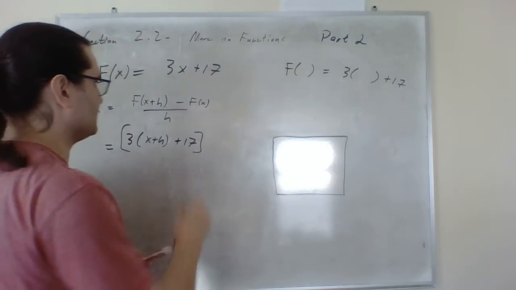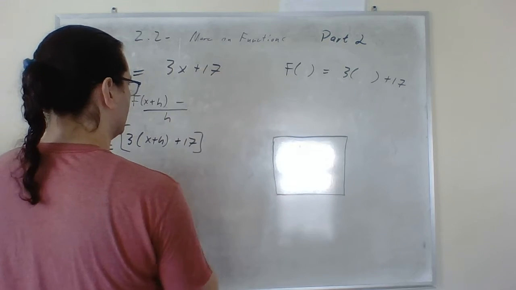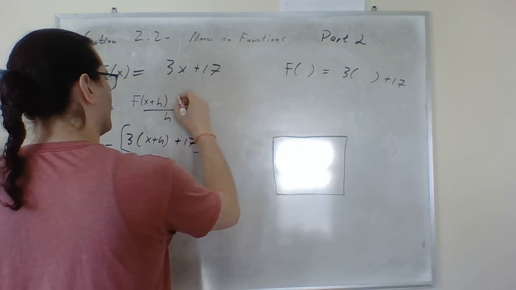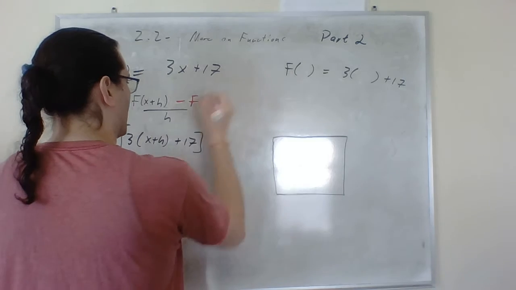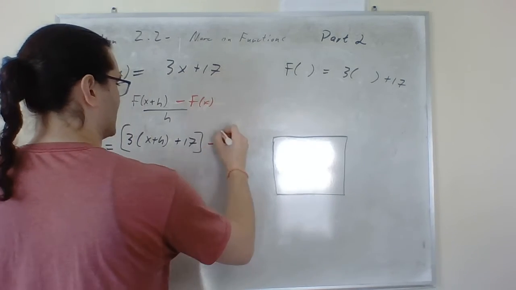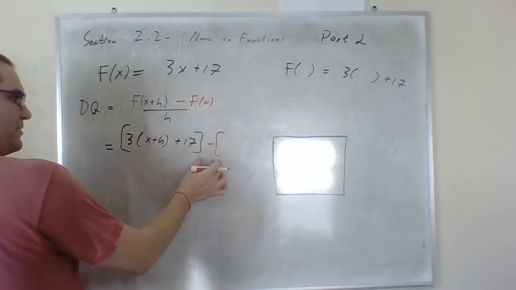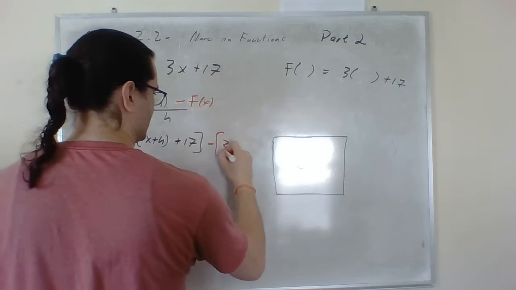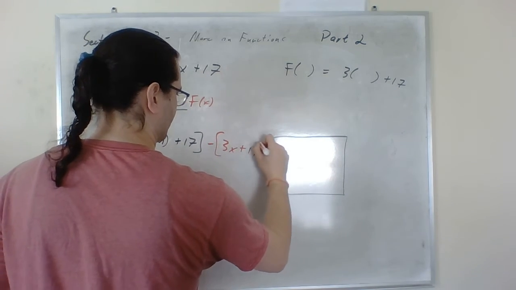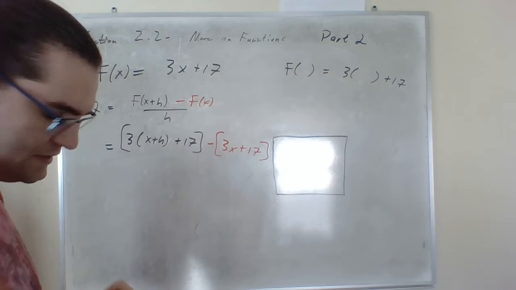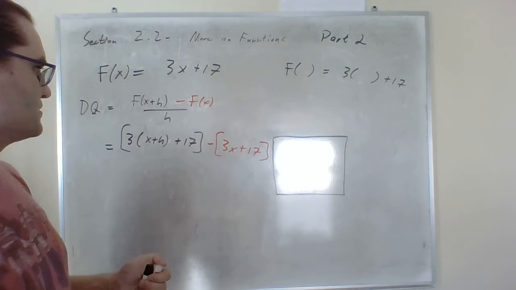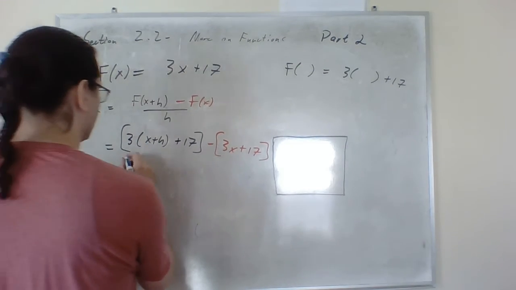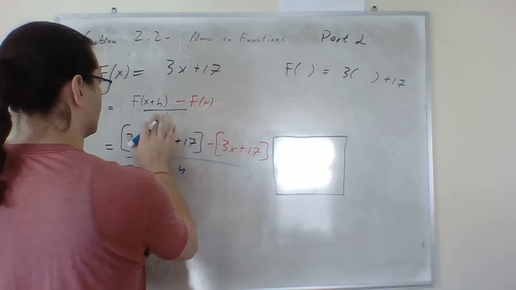I'm going to switch to a different color. Minus f of x is going to look like minus, the use of big brackets here is really nice, 3x plus 17. And then it's all still divided by h. We'll use a different color for that as well.